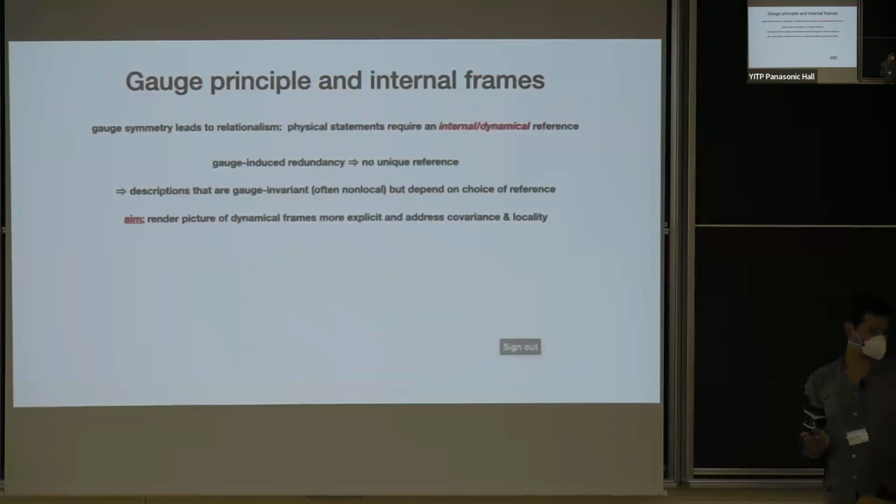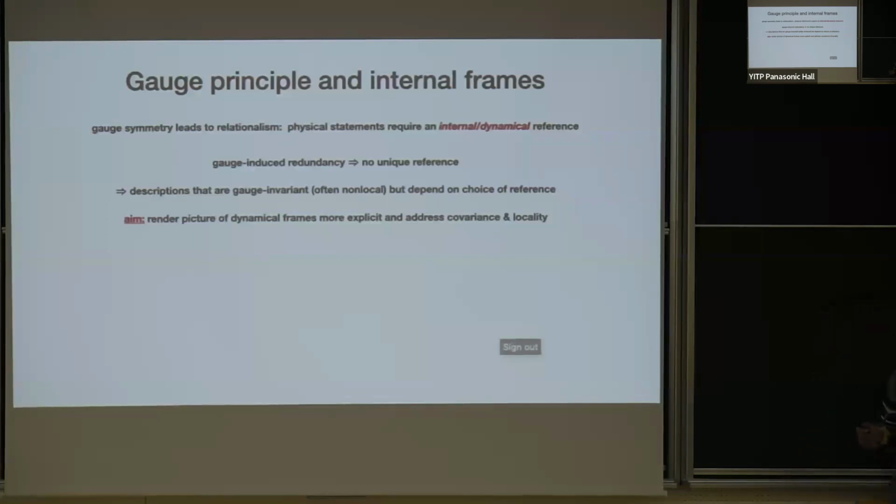Now, this is of course also true in gauge theories and gravity, but there's something special in these theories that feature a gauge symmetry, and that is that they lead to some kind of relationalism. What I mean by that is that physical statements, and by that I mean in particular gauge invariant statements, require us to resort to some kind of internal or dynamical reference to make sense.